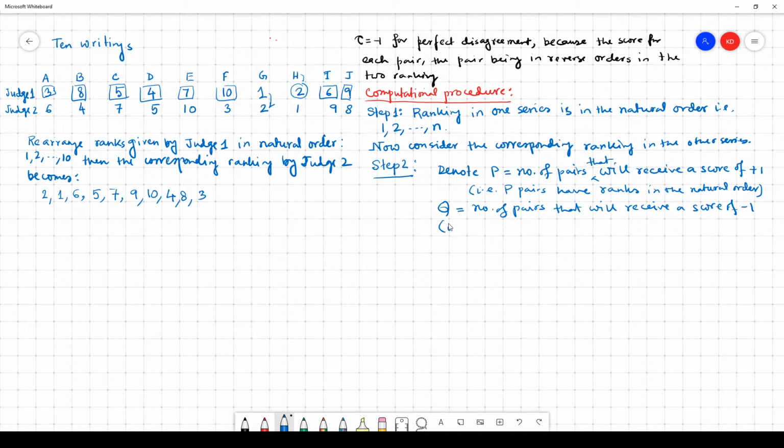That is, Q pairs have ranks in reverse order.